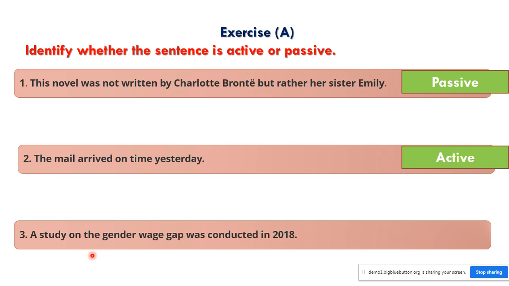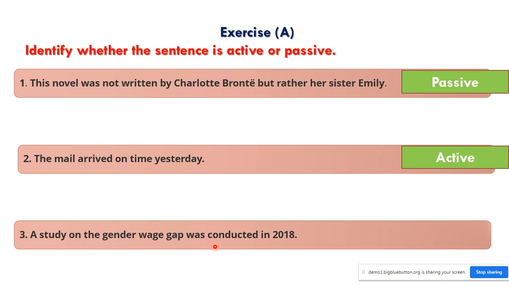Okay, the third one: a study on the gender wage gap was conducted in 2018. In this example, a study is the subject, and on the gender wage gap is the complement for the sentence.